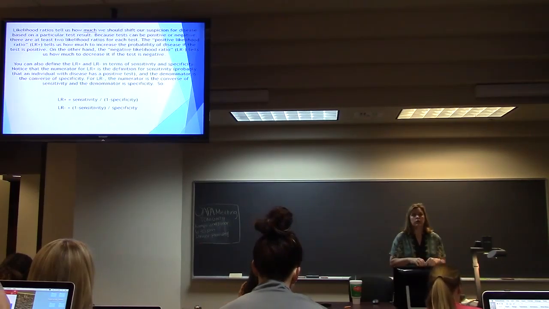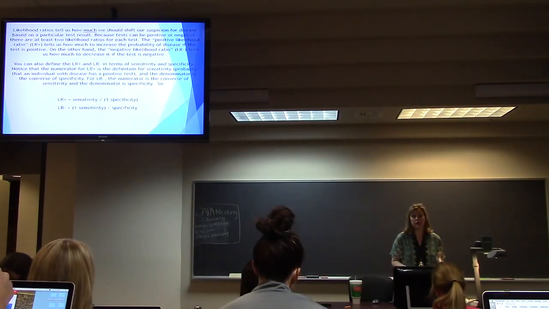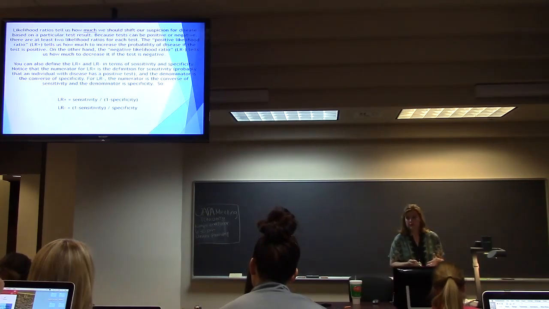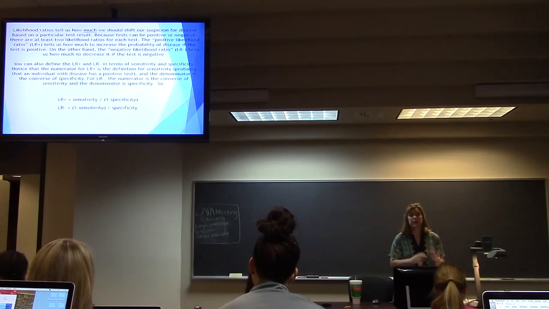I'll show you later how you're going to interpret them. So when you Google a likelihood ratio and you see both the positive and the negative likelihood ratio, you'll be able to look at that right away and determine, A, is this a test that's worth doing? Is it going to help me make my decision either way? And then B, can I trust it if it's positive? Can I trust it if it's negative? And that's my goal here.